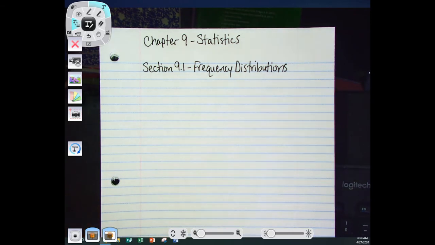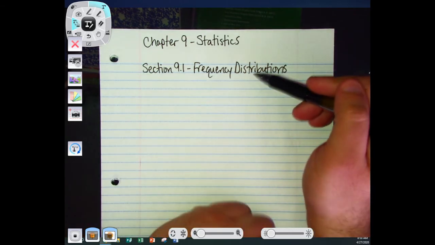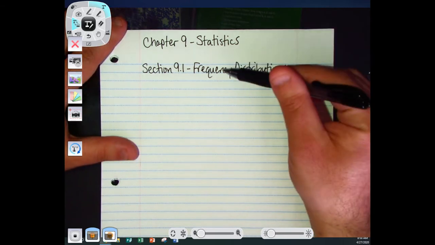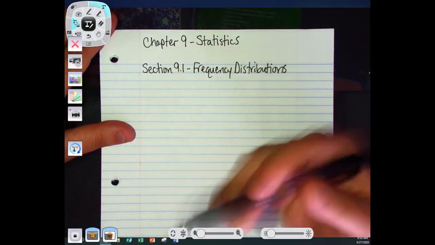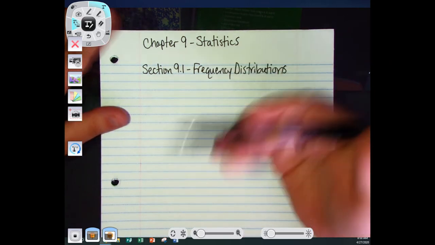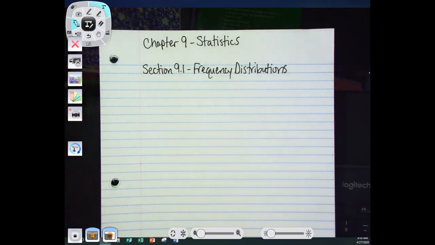So with that said, we're going to look at frequency distributions. When we talk about frequency, we're talking about a count. How many times does it occur throughout the sample? Usually the basic way to create a frequency distribution is making a tally table.